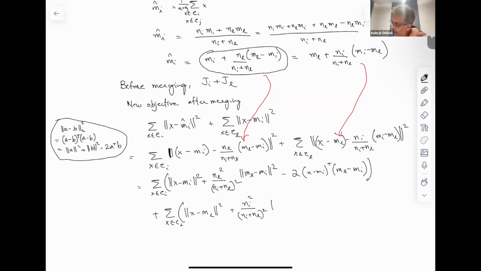Please keep me honest in case I make a mistake, which is very probable. And then I have 2 times x minus Ml transpose Mi minus Ml. Now, notice the following: over here, this is a summation of all the points. This is just Ji.